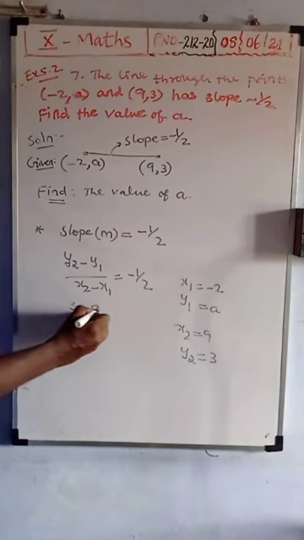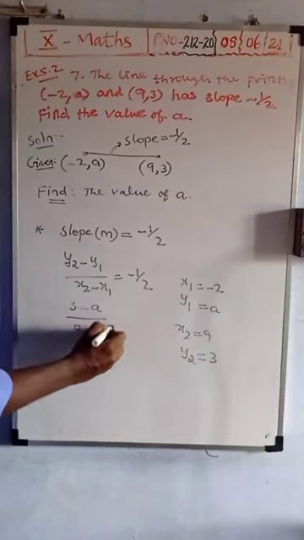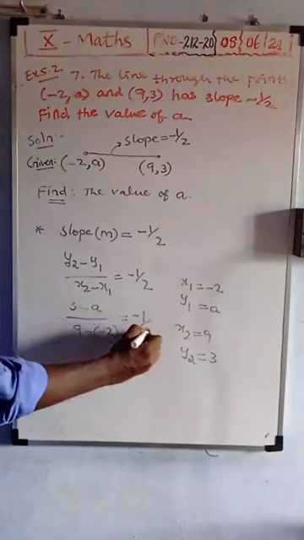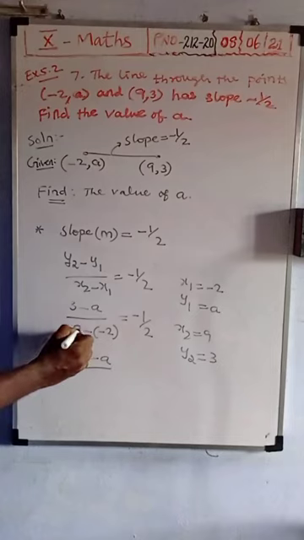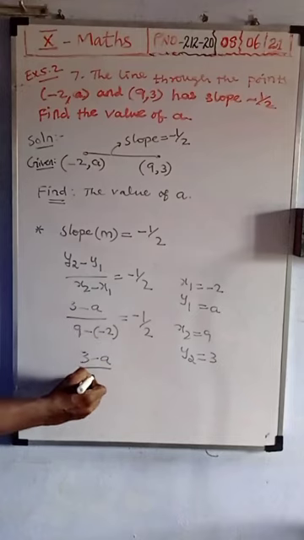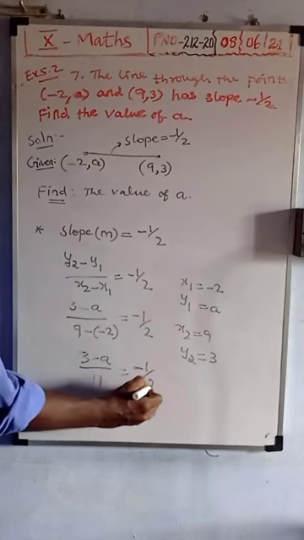3 minus a divided by 9 minus of minus 2 is equal to minus 1 by 2. Now 3 minus a divided by, here minus into minus is plus, so 9 plus 2 we will get 11, equal to minus 1 by 2.